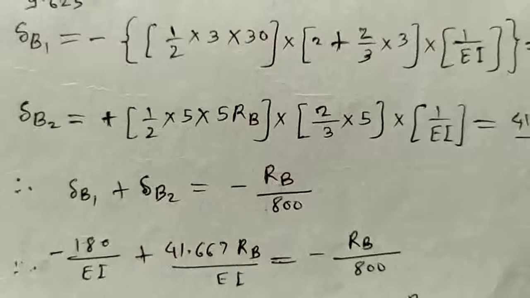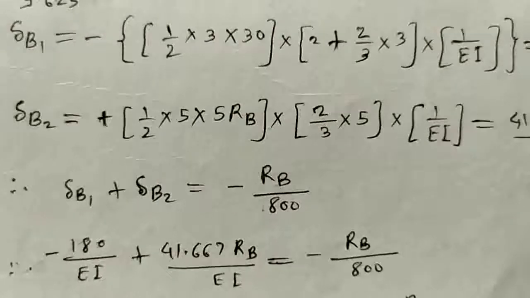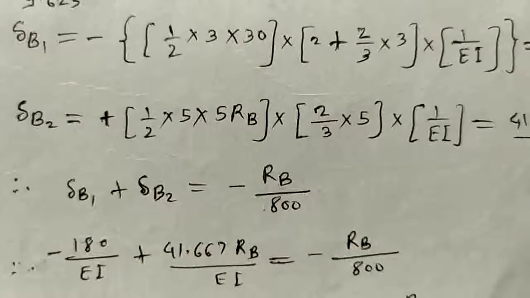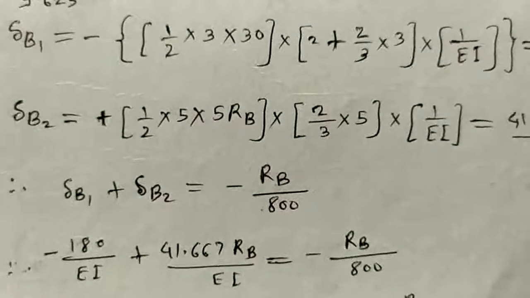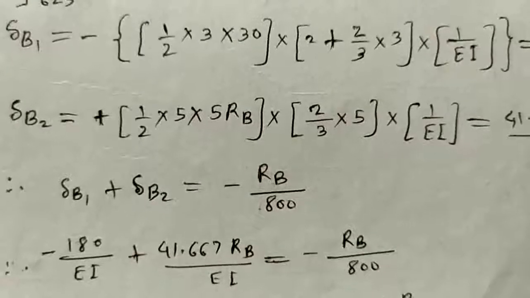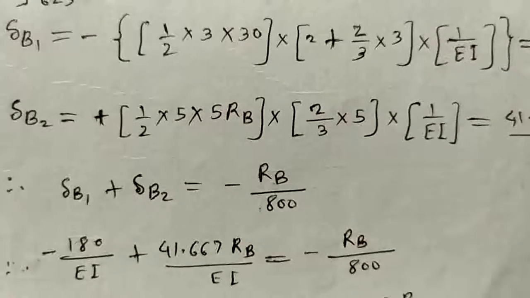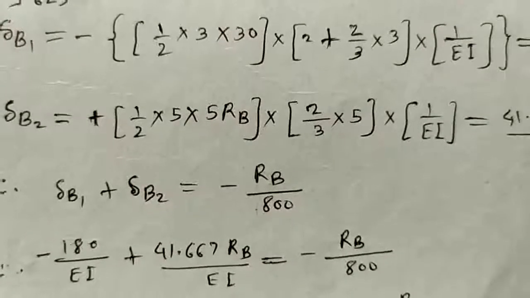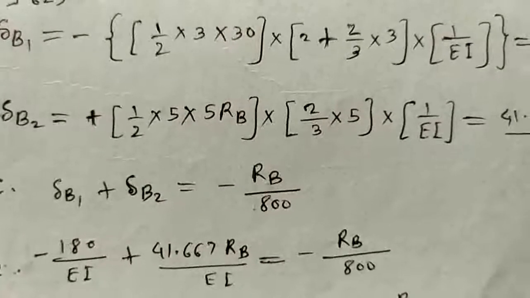Moment area method means, to find a displacement at any point, we have to find the moment of area of the M upon EI diagram about that point. That means at point B, we are taking a moment of the M upon EI diagram.